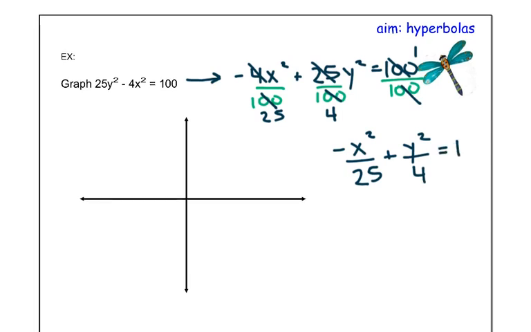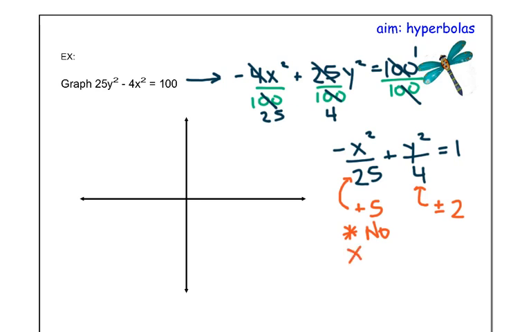Now, if I was thinking about x and y, I would say, okay, my center is still at 0, 0 because nothing shifted here. So my x-intercepts are positive and -5.